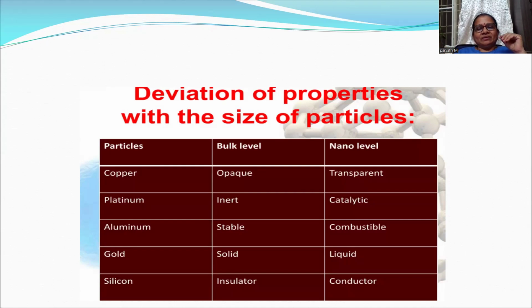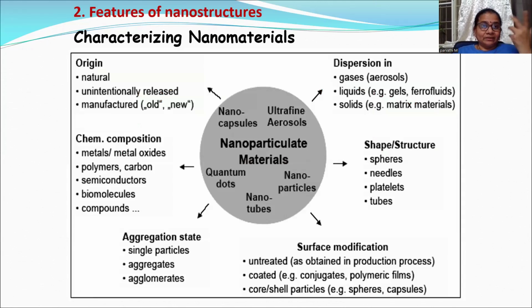Everybody is aware that pure gold behaves like a smooth kind of material, that means hardness is very low. Similarly, silicon at bulk level behaves like an insulator, at nano level it behaves like a conductor. These are the various properties, how they behave at bulk nature and at nano nature.